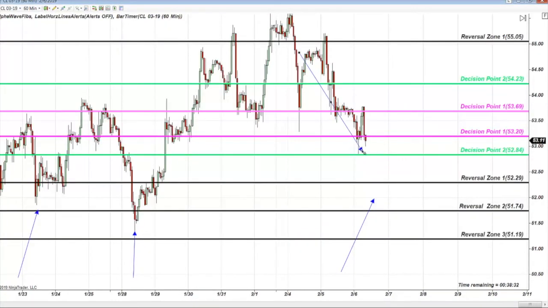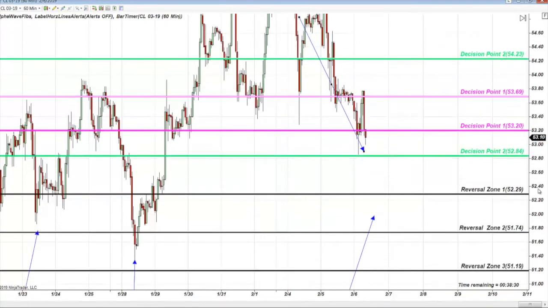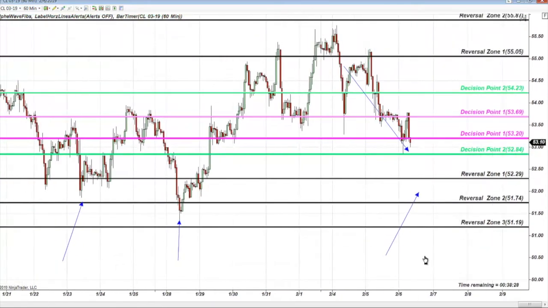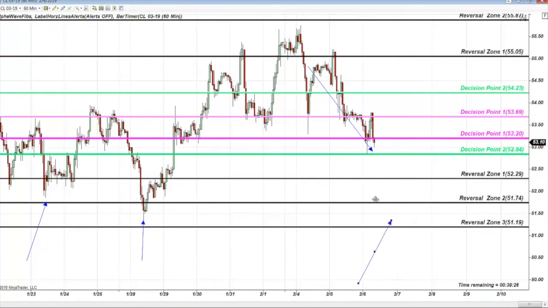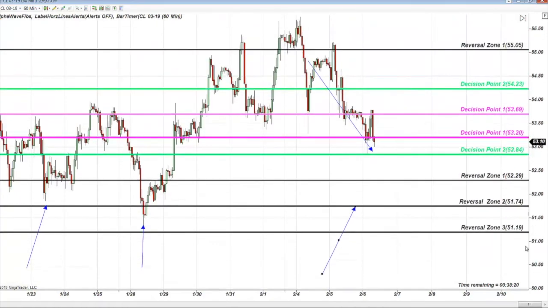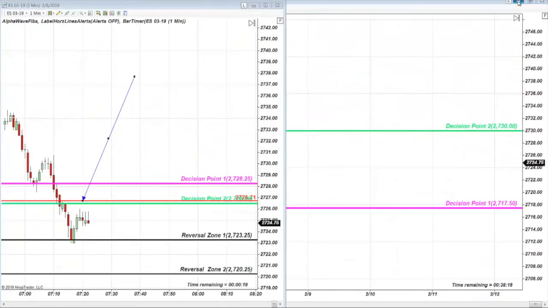So again, if oil respecting this key support, it's not as spectacular as trend inception reversal zone as you're witnessing in front of you on S&P. Agree? And that remains the key.